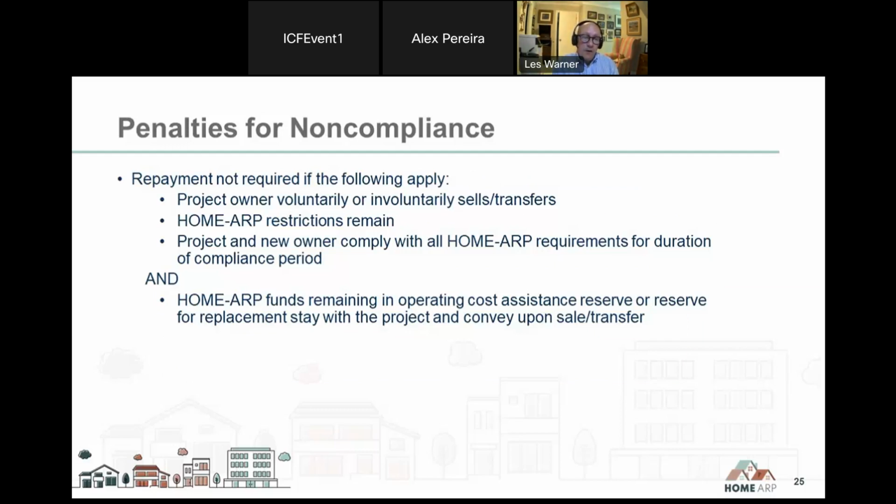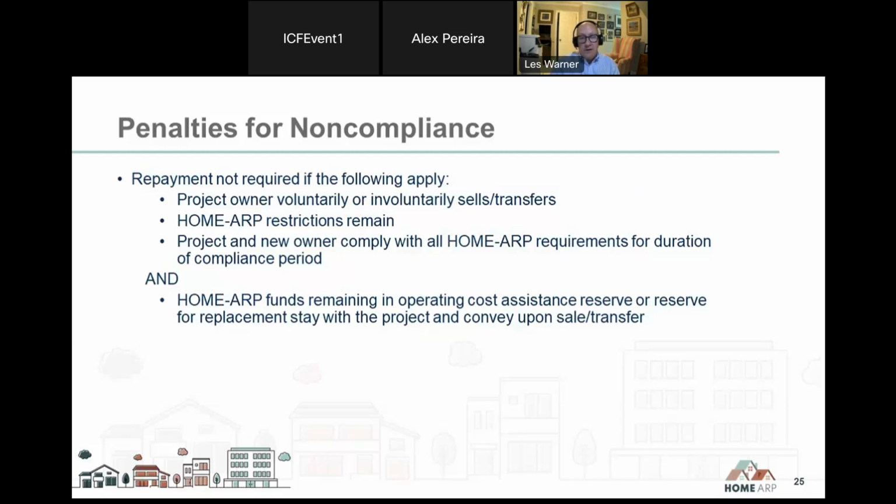So if we have a property owner that sells that property either voluntarily, or let's say it goes through foreclosure and the deed restriction is not removed as part of the foreclosure process, then we have restrictions in place that would require that subsequent owner to follow these requirements. So those HOME-ARP restrictions that we imposed with this deed restriction or land covenant are being followed. The new owner is complying with that, and that would be throughout our duration of the compliance period.